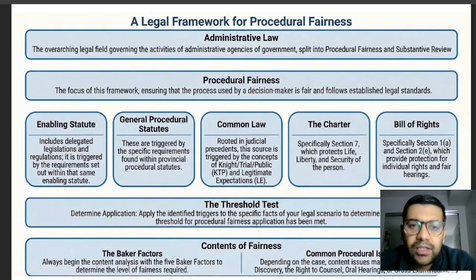We'll talk about it. Then comes the Charter, right? The Charter is different from the common law, because that is coming from the Charter, and that is specific about the life, liberty, and security of a person.